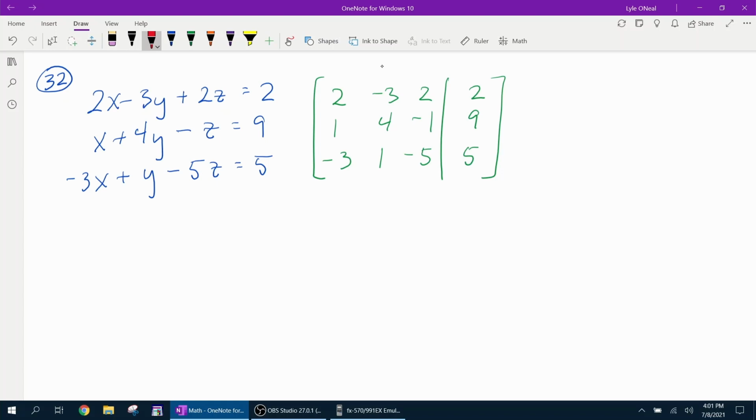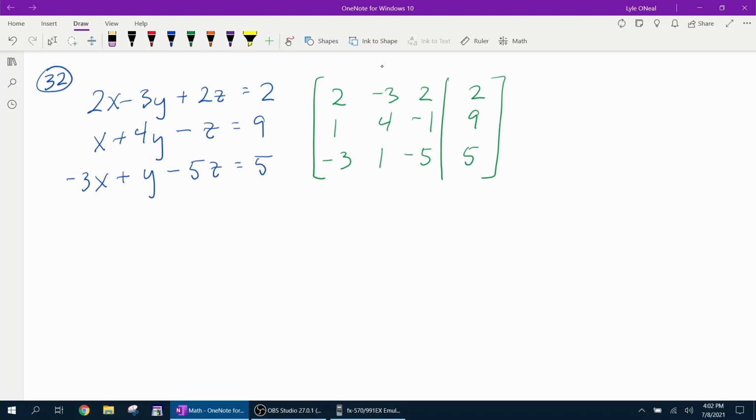All right, so let's talk about strategy next. Remember, we're trying to get ones on the diagonal, and every element below the diagonal, every element in this little triangle needs to be 0. Since the middle row has a 1 as the x-coordinate, if I do a row swap, swapping rows 1 and 2, that will get a 1 in the upper left-hand corner, and then that objective will be achieved.